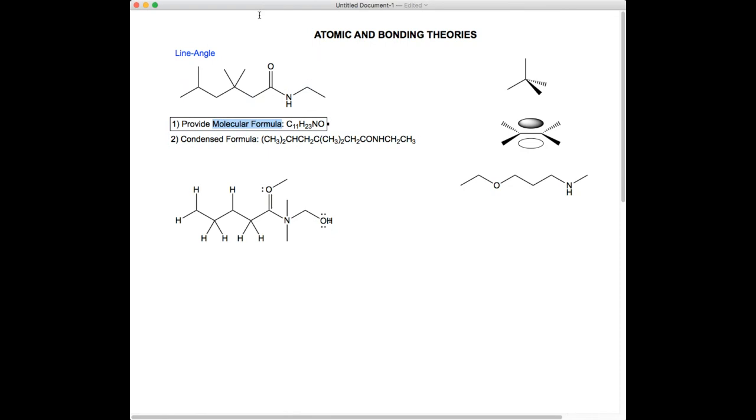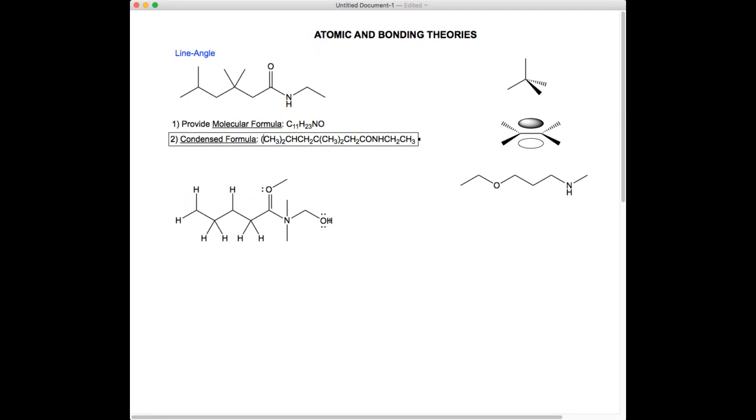Can you ever write C11H23NO? Yes, if you're asked to give the molecular formula. If you're asked to provide the condensed formula, then you cannot give C11H23NO, because that's a molecular formula. A condensed formula is writing the molecule just like this.